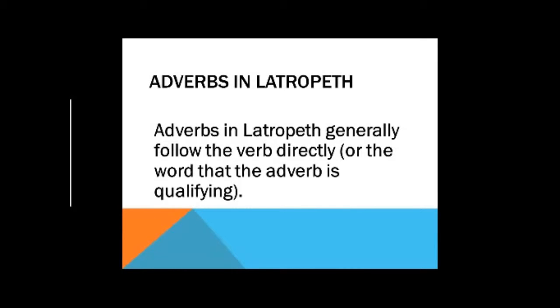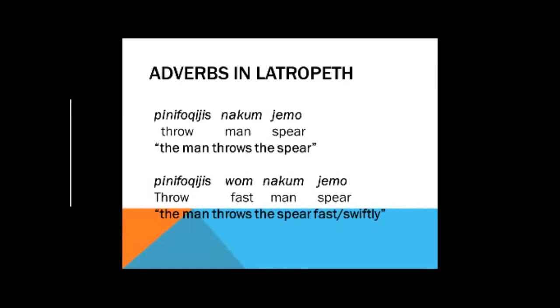Adverbs in Latropeth generally follow the verb directly or the word that the adverb is qualifying. So we've got some examples here. The first sentence does not contain an adverb, and we just have the man throws the spear. Remembering the word order in Latropeth, verb, subject, object.